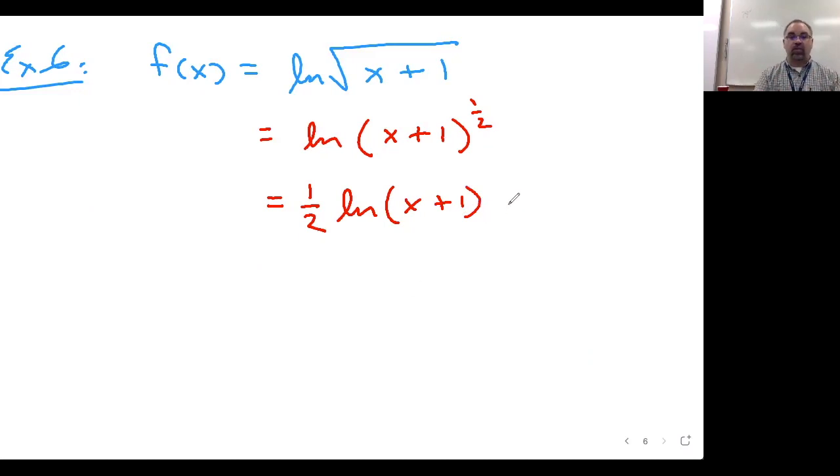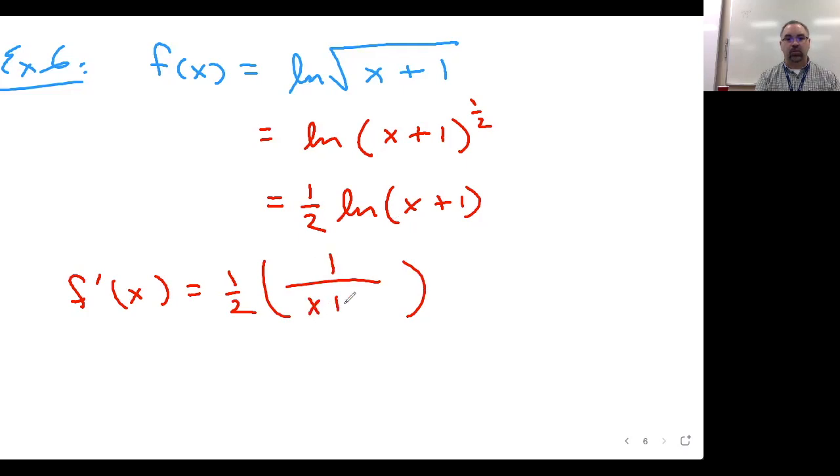By bringing that down and making a constant in front, f prime of x is just 1/2 times the derivative of natural log of x plus 1. Well, x plus 1's derivative is 1 over x plus 1. I think that was a lot easier than the alternative, which was to use the chain rule. Because here we go. Let me show you what would have happened had we done it with the chain rule. Or you could do this. U prime over u.